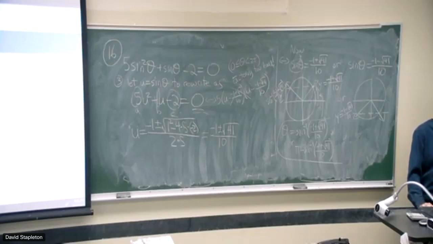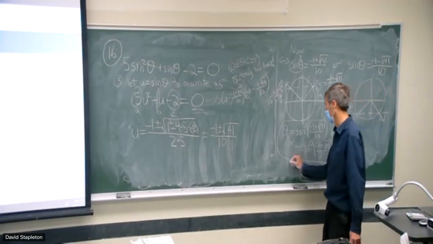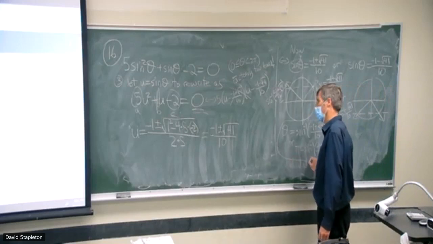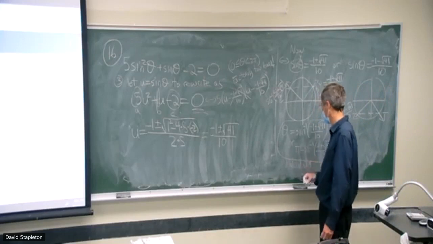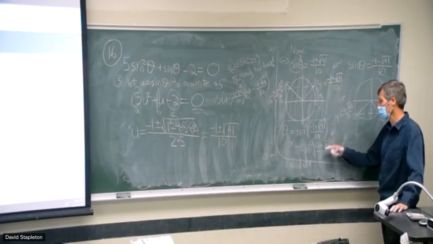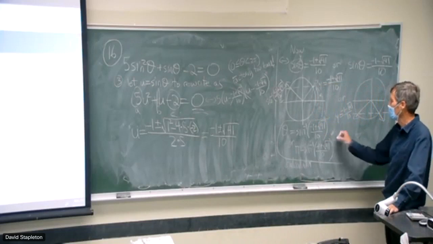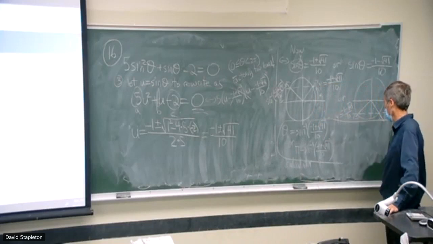It says round to the nearest tenth, and the calculator rounds to the nearest tenth. So these are exact answers, but run the calculator and round to get approximate answers. That's the hardest part, actually finding the approximations.